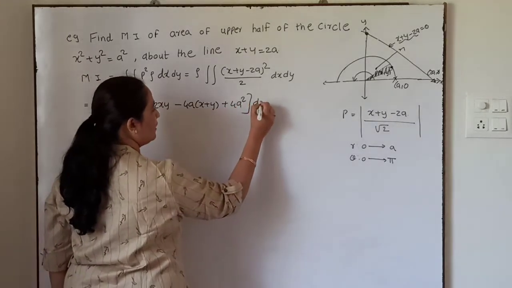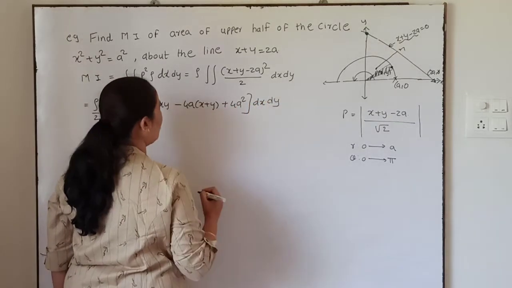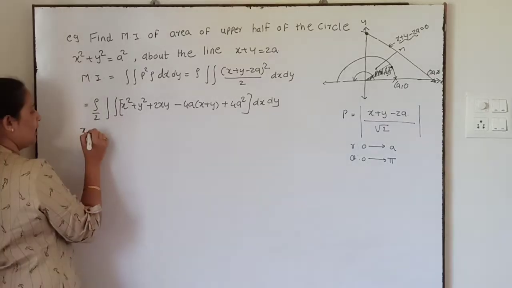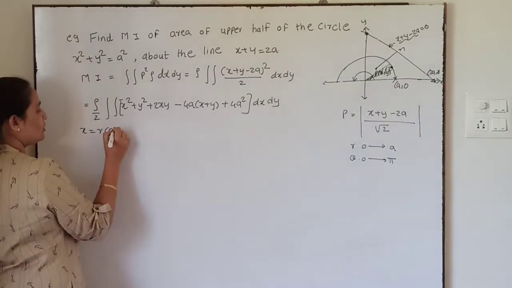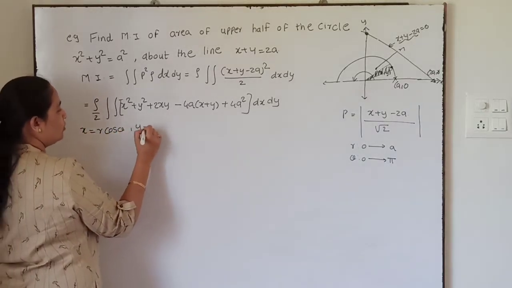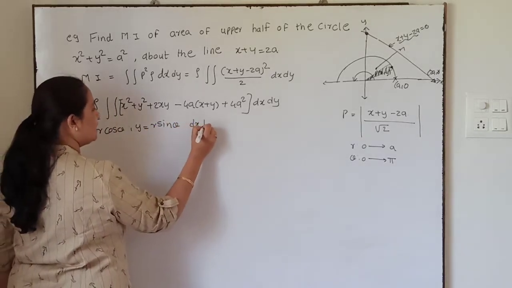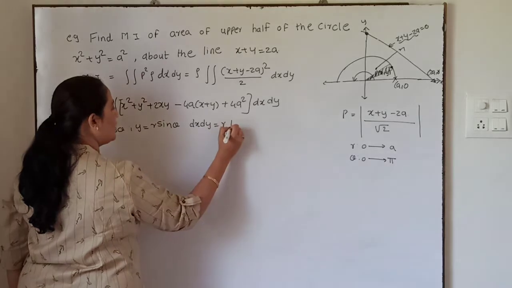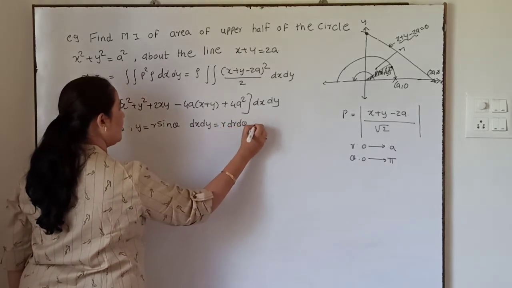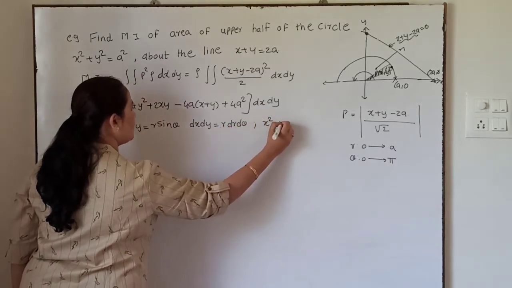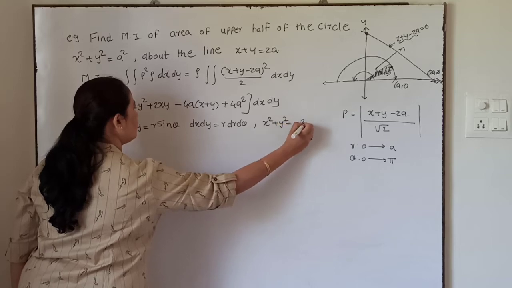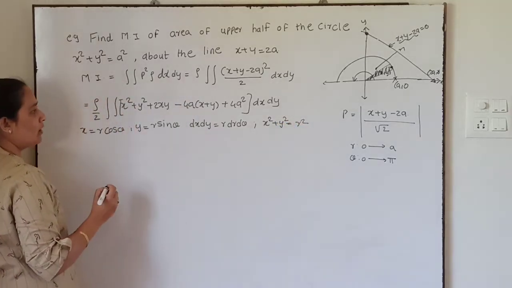dx dy. Now I transfer this to polar coordinates by using the substitution x is equal to r cos theta, y is equal to r sin theta. We replace dx dy by r dr d theta. x square plus y square is equal to r square. This is the substitution for polar coordinates.